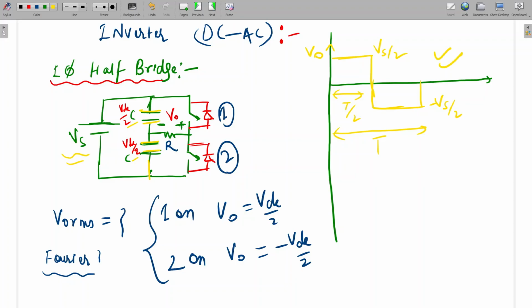Is it clear? Sir, why is this diode connected here? See, the diode is connected because the load current may be in the reverse direction. Like if we are getting some sine kind of waveform or triangular kind of waveform, that will not flow through this, because if we are using unidirectional switches like a thyristor, that will not allow the flow of current in the reverse direction.